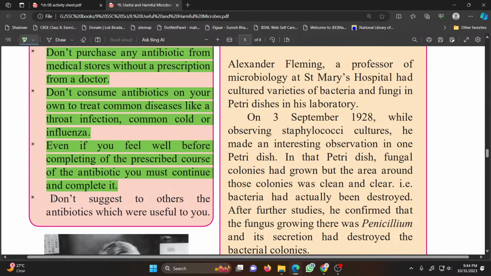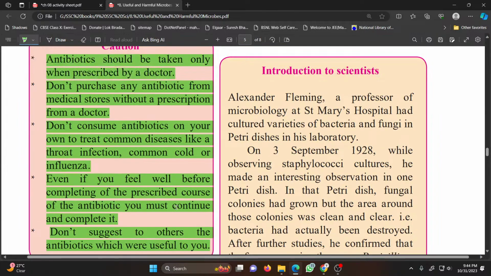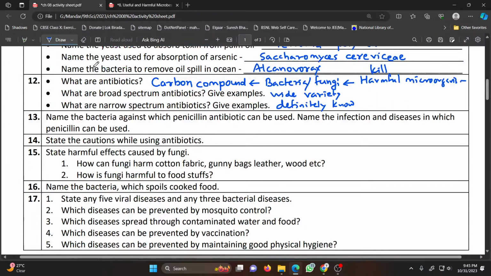Otherwise, a small trace of bacteria will remain in your body, and that bacteria will be able to live against the antibiotics, and next time if the infection occurs, antibiotics will not be useful. Don't suggest to others the antibiotics which were useful to you. So the main concern is only after the prescription of a doctor, don't take on your own, don't suggest to anybody, and complete the antibiotic course. These are the main points.